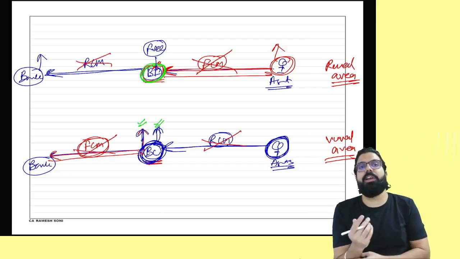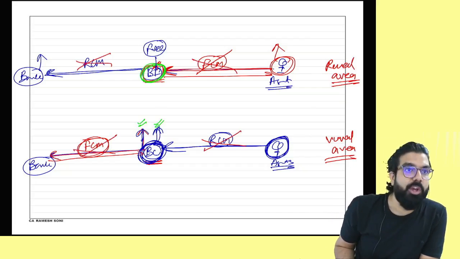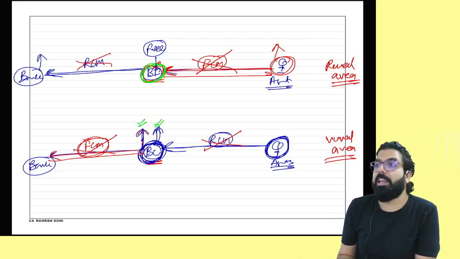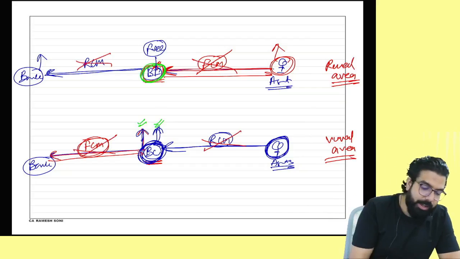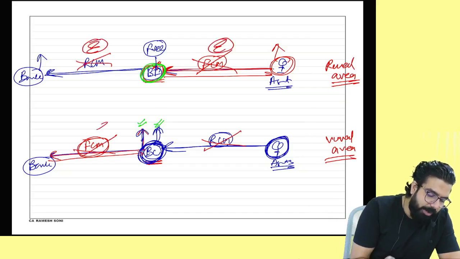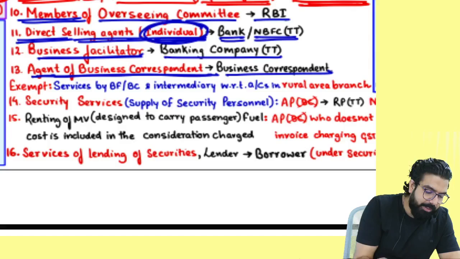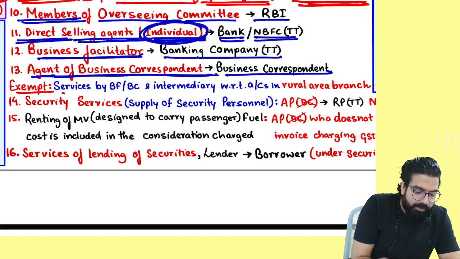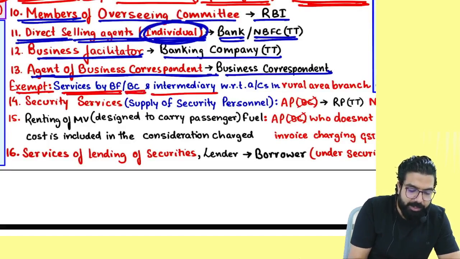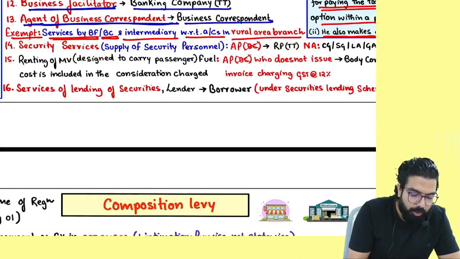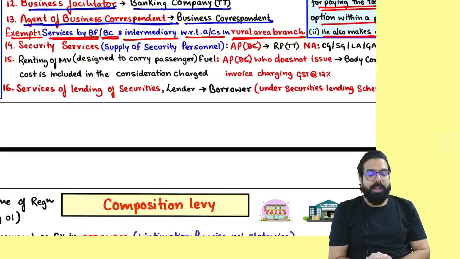If the business facilitator and business correspondent's services or their agents' services are given with respect to rural area, then all these services will become exempt. I've written here that services by a business facilitator or business correspondent and their intermediary with respect to accounts in the rural area will always be exempted.